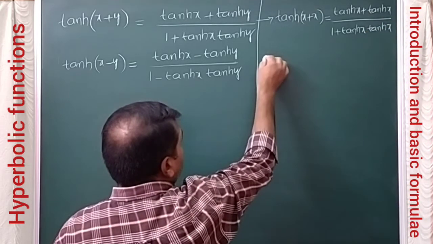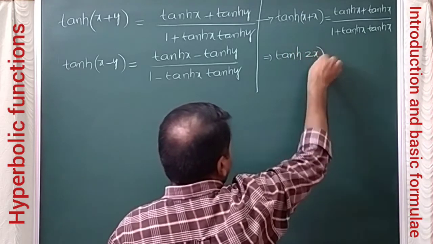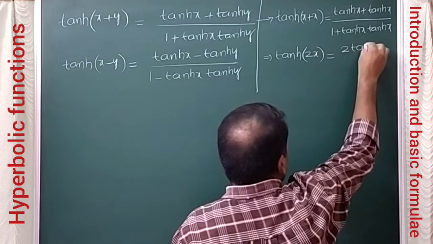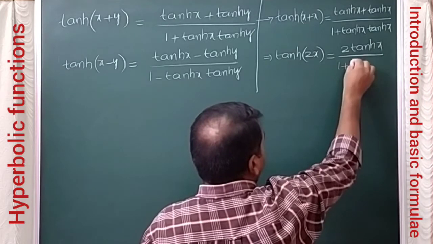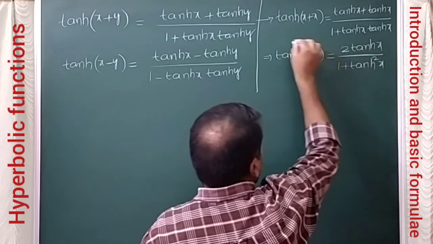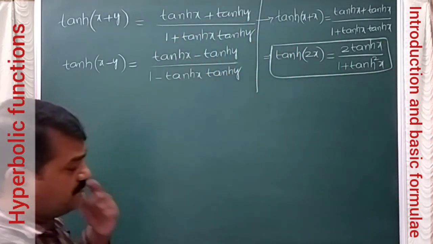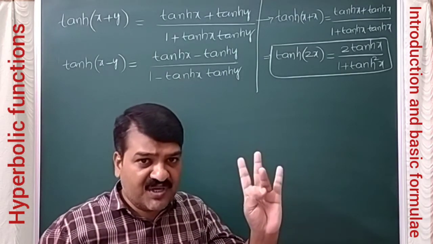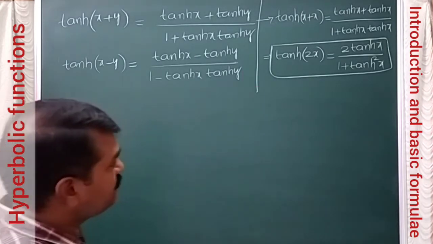So therefore, you will get this as tanh of 2x. Numerator is 2 tanh x. Denominator is 1 plus tanh square x. So this is the basic formula for tanh of 2x. So we discussed sinh 2x, cosh 2x. Now we have discussed tanh 2x also.